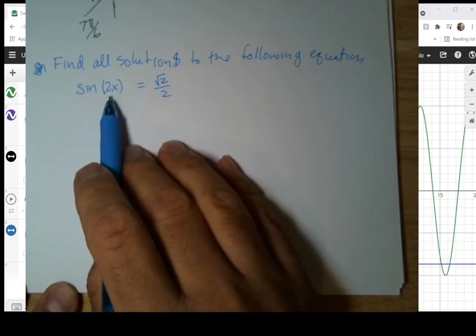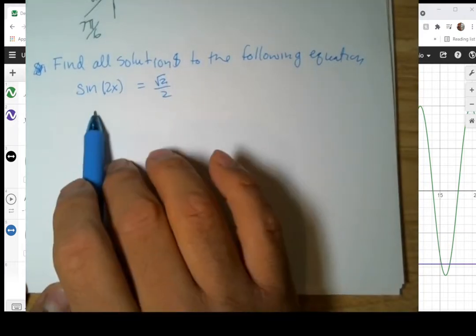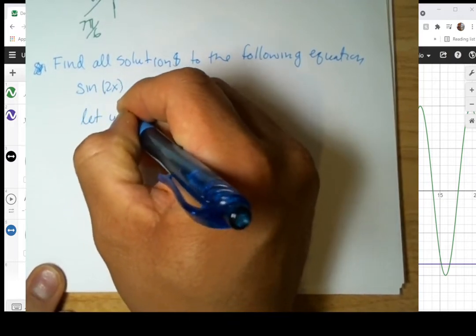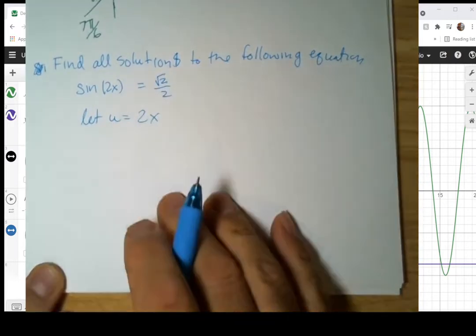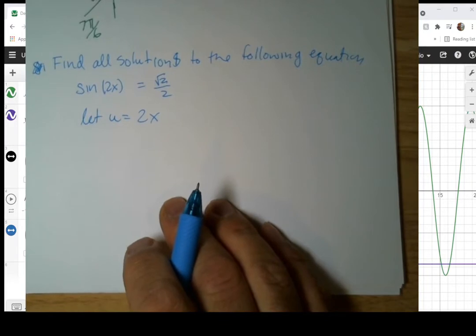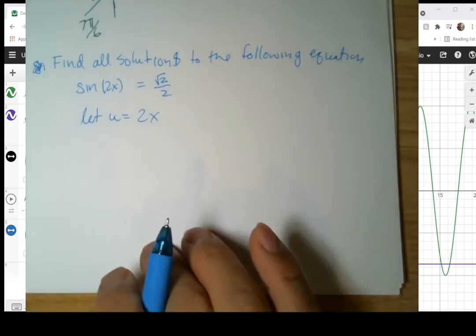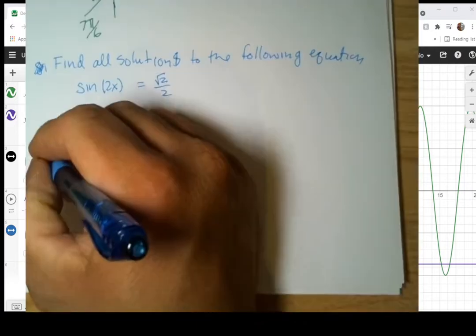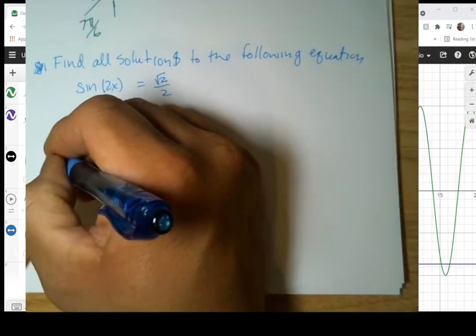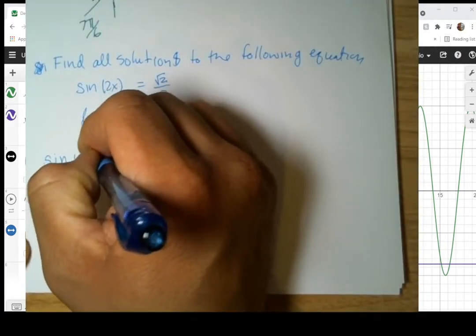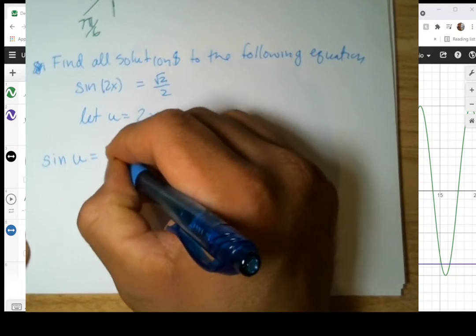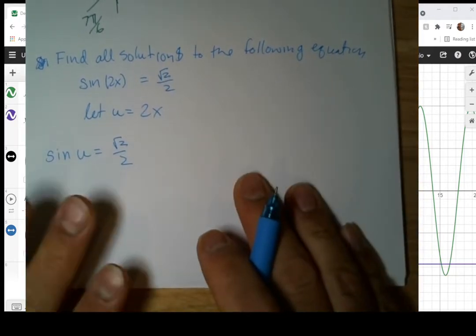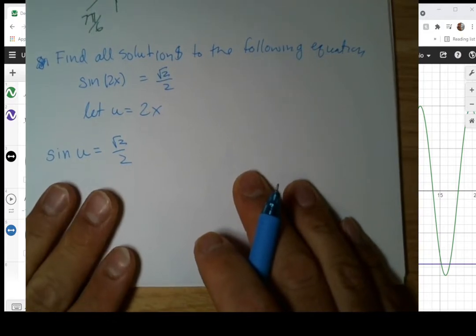Now this 2x, I'm not going to worry about until the very end. I'm going to right away just let u be equal to 2x. Instead, our focus will be solving sine of u equals root 2 over 2. And again, this is an angle in the unit circle.